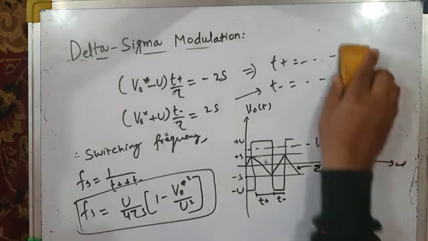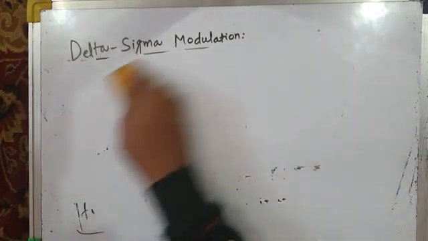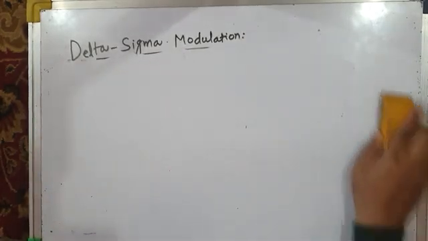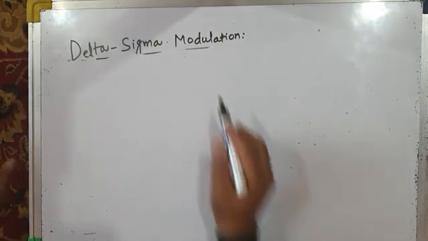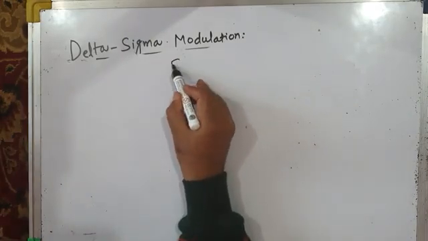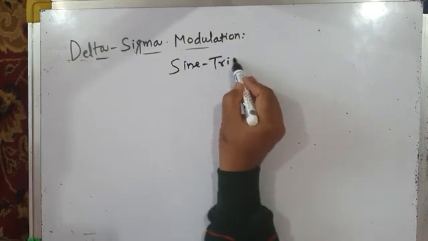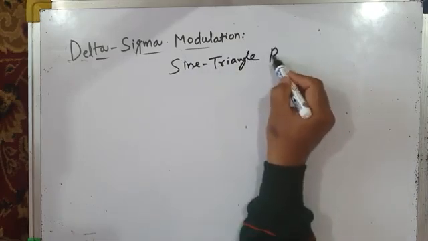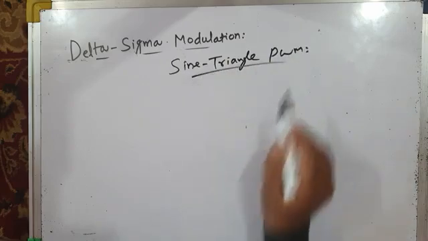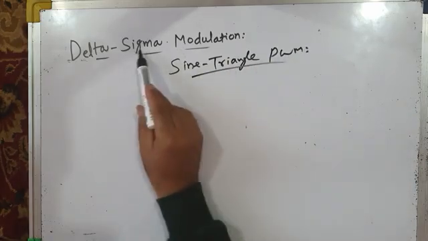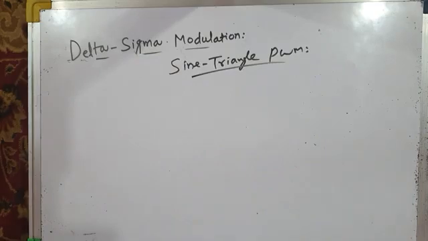So I hope this is clear to you. And the question is, why should we go for delta sigma modulation? We have already studied some other modulation techniques or PWM techniques like sine triangle PWM, which is also called naturally sampled PWM. What is the difference between delta sigma modulation and sine triangle modulation?